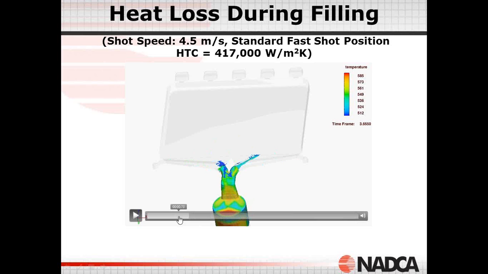So here is an example. The material goes up the runner and, just by the angle and shape of the runner, it goes directly into the cavity, causing the material to freeze over. This pre-fills the cavity and causes the material to freeze, and by the time we hit the fast shot, it's too late. The material is frozen over.